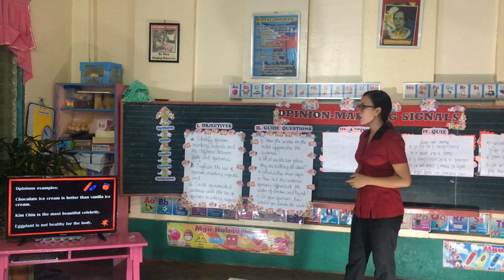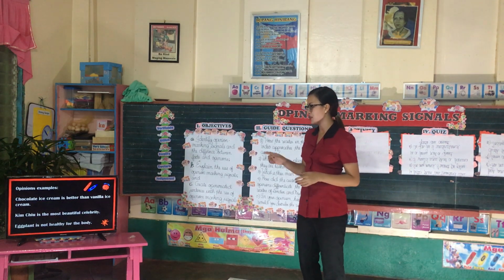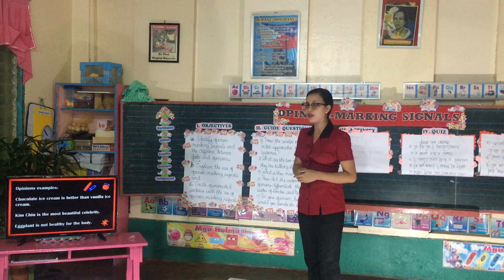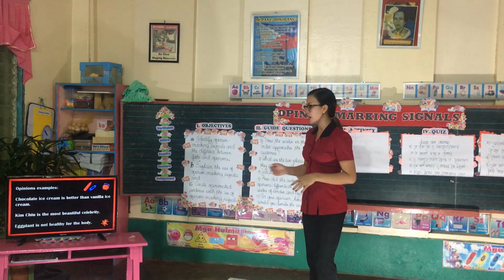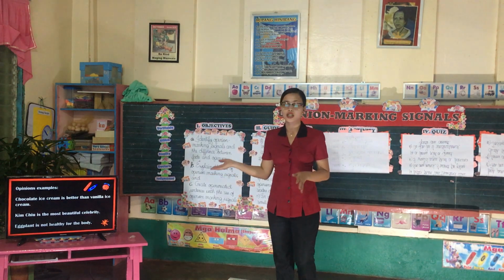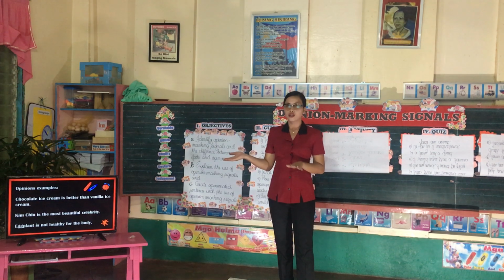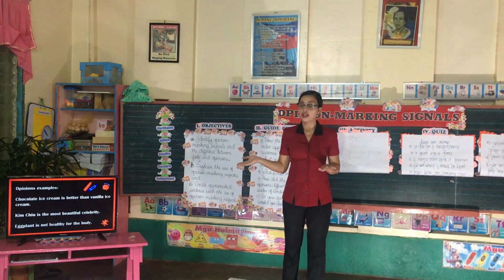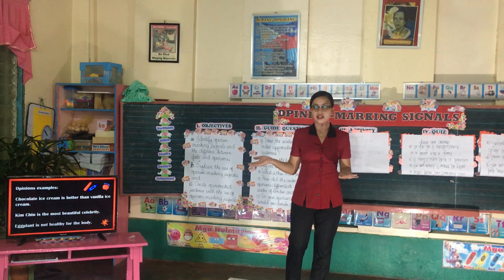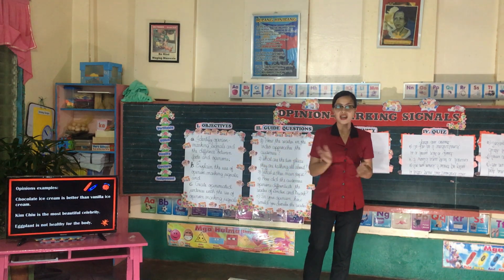Number 1, chocolate ice cream is better than vanilla ice cream. Number 2, Kim Joo is the most beautiful celebrity. Number 3, eggplant is not healthy for the body. All these sentences are just based on someone's opinion or judgment of something. These are not proven and are not consistent. Thus, we can say that these are opinion statements. Am I right? Okay, very good.